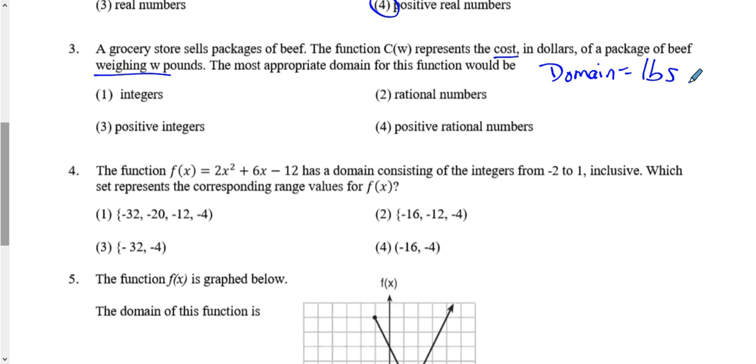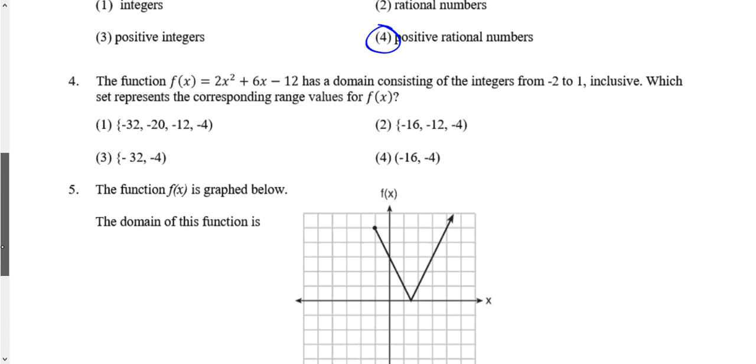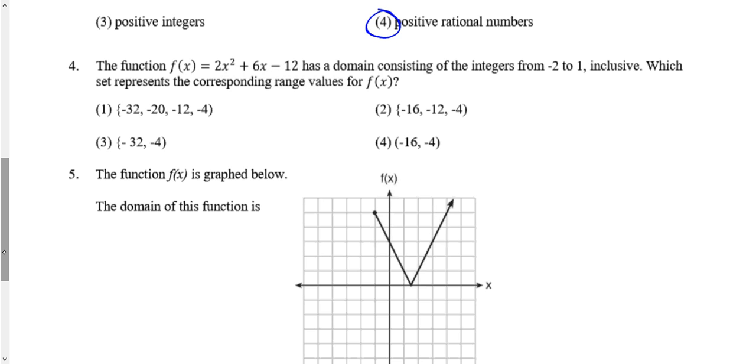Well, rational numbers can be negative. So positive rational numbers, right? There you go. For pounds, because you can have 1.23 pounds. You're going to have half a pound of something.